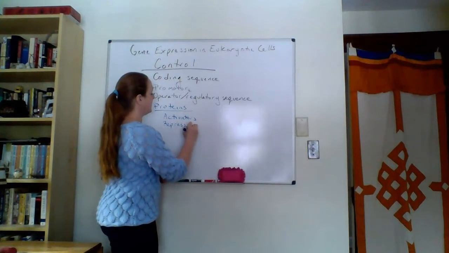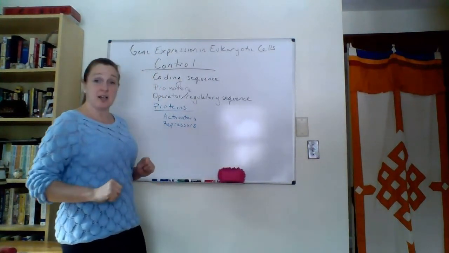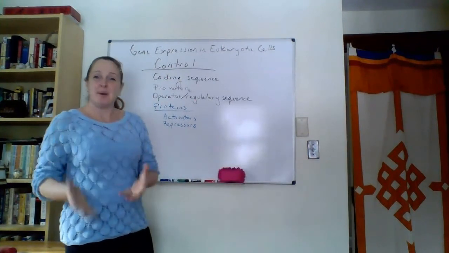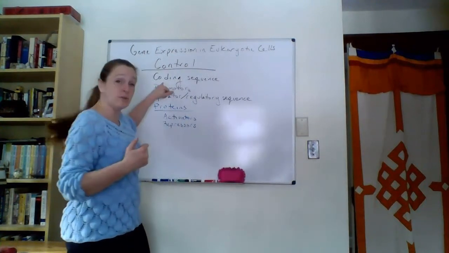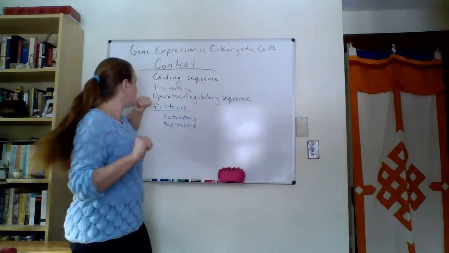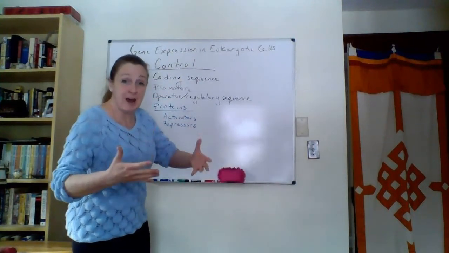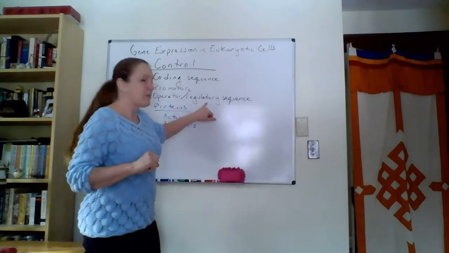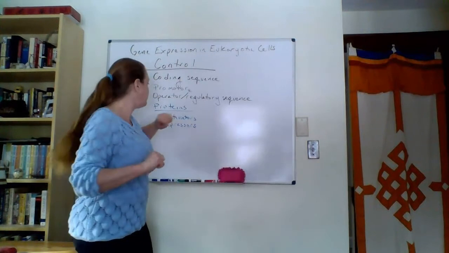Now before we get too bogged down by details or start to freak out that this is getting kind of confusing, come back to what the words mean. Start to root yourself in what you know about a code. A code usually means that it can be interpreted and made into something. Promoting something, we want it to happen. Operator, regulation. Regulation, rules, stopping, controlling.